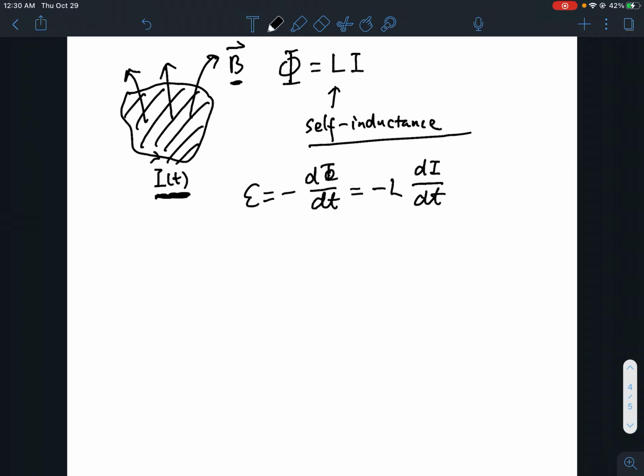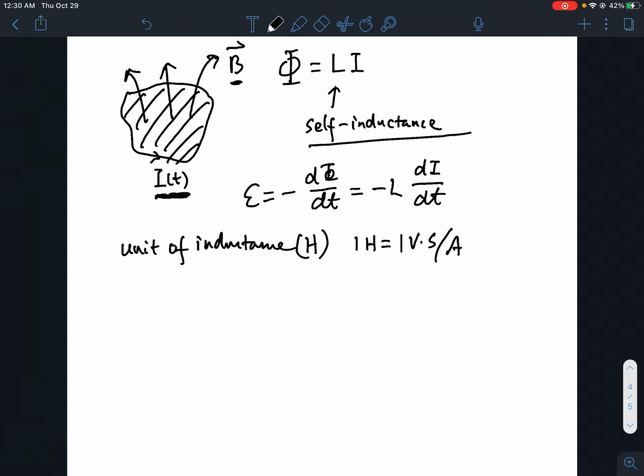So the unit of inductance is called Henry. We use H to indicate it. 1 Henry is really 1 volt second per ampere.